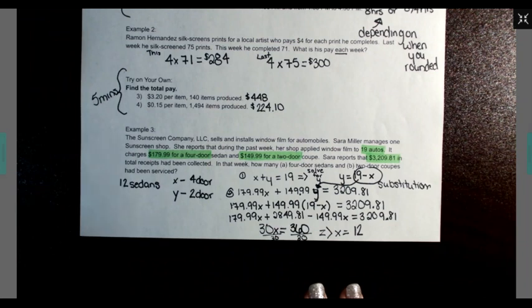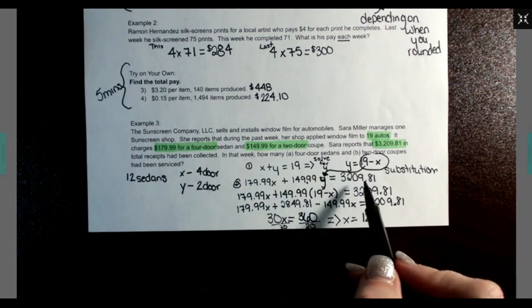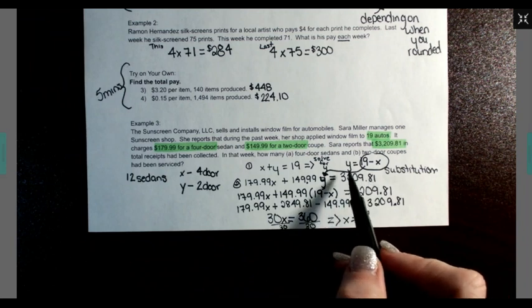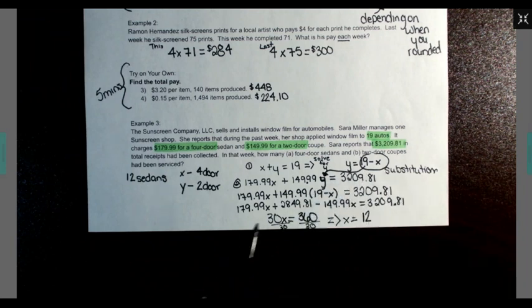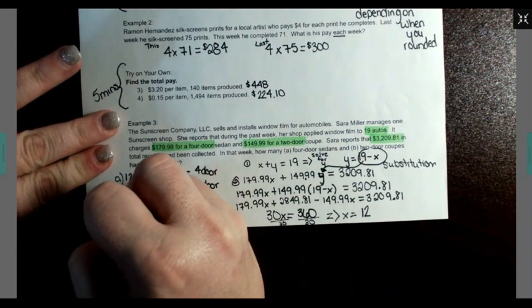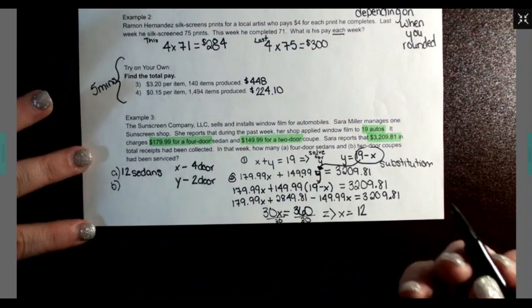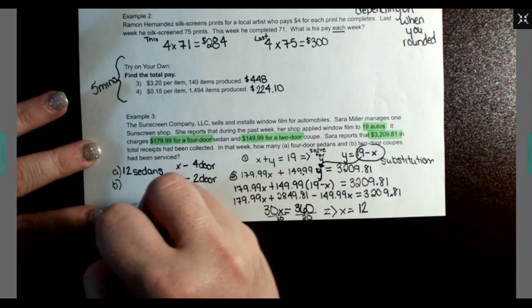Now, I'm going to use this other equation. Remember equation 1 that we rewrote earlier, where it said y equals 19 minus x? I'm going to use it to find out what y is, because this was a two-part question. The answer to A was 12. But we have to find the answer to B. So we have to know how many two-door cars we had. All right, let's take a look.